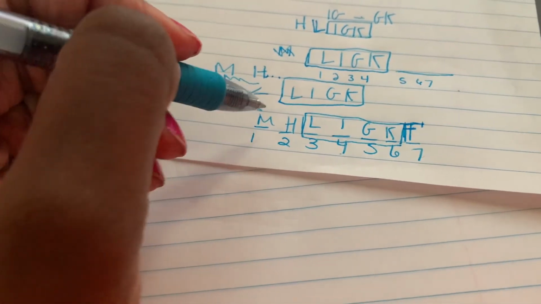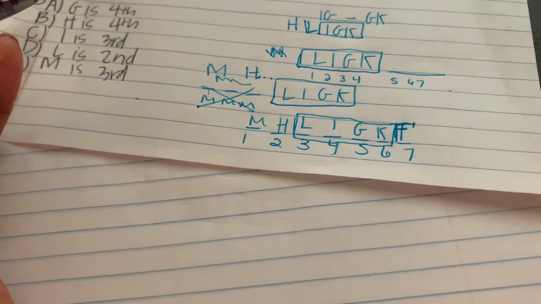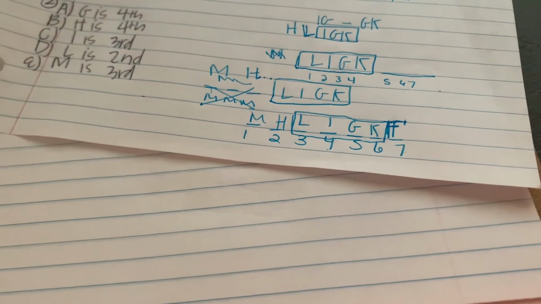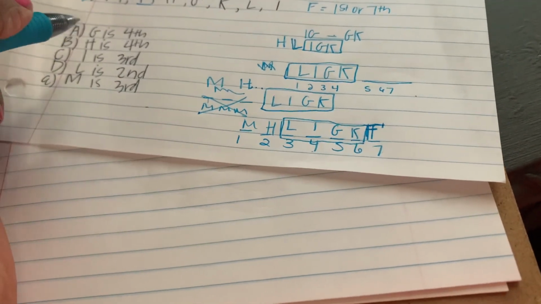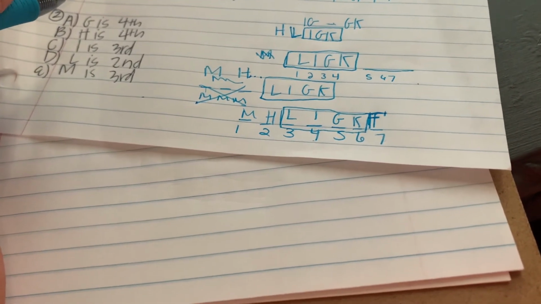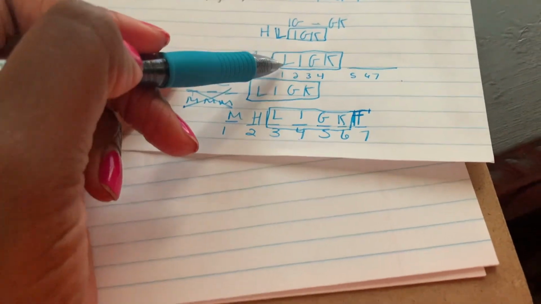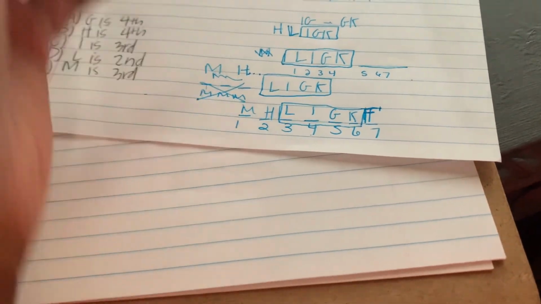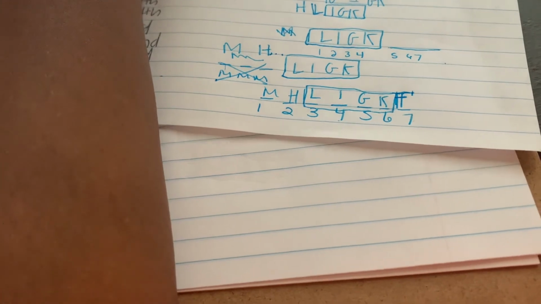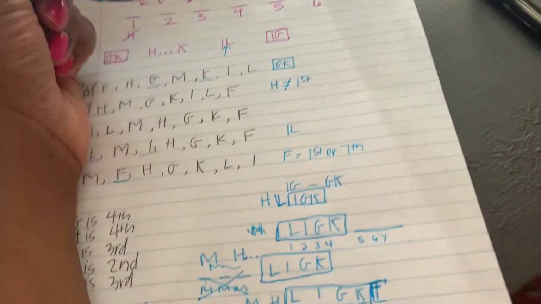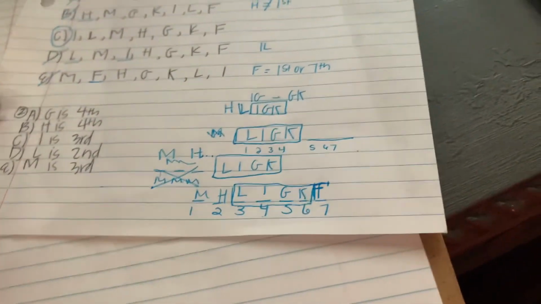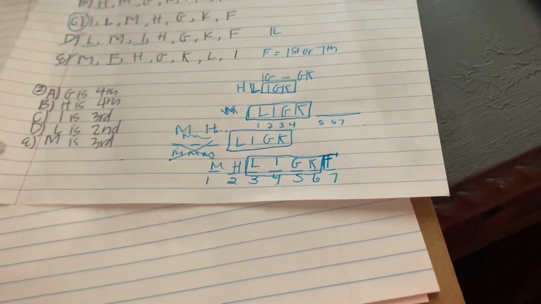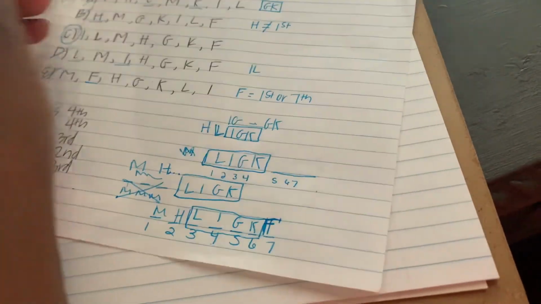But what about M and H? H is 4th. Can H be 4th? H can't be 4th because this block can't really move. Well, no. Because I just thought about those moving, but they can't. Oh my God, I can't do anything but work this because I can't figure it out.